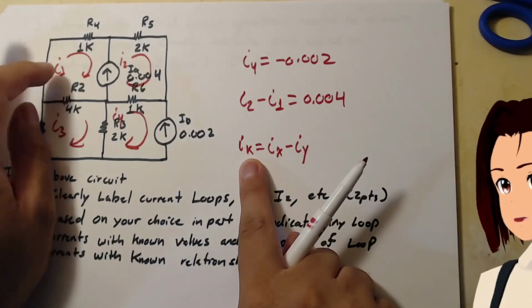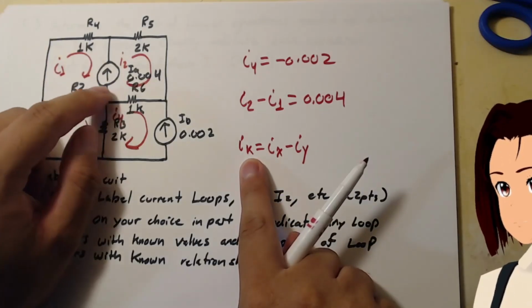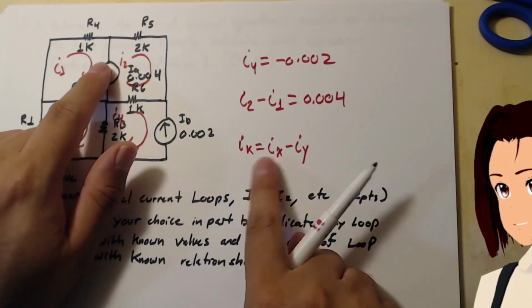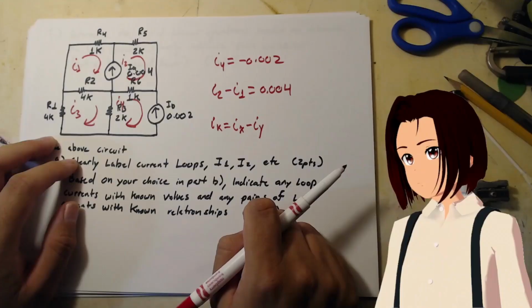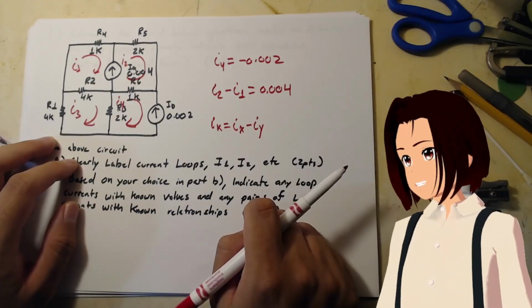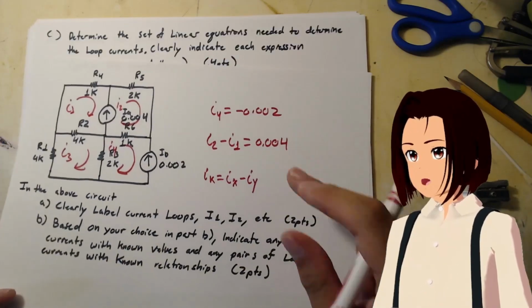In this case, IK is the current source, and the reference direction is going up, and I2 agrees with going up. So that's how we do it. My source is the Design and Analysis of Linear Circuits, 7th edition.